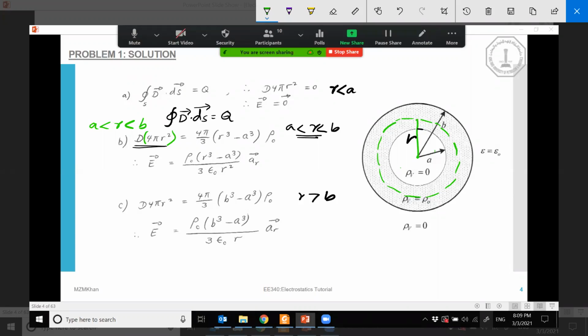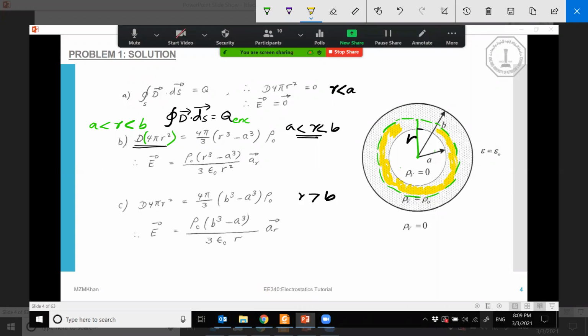Now the thing is, how can I find the charge enclosed here? How can I find the right hand side? We need to see how much is the charge enclosed in this spherical shell.